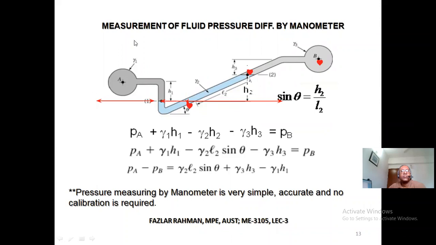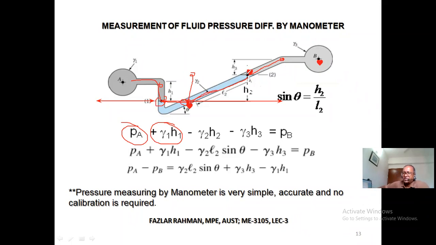We'll walk down from point A, then come over here. Coming over here means you're traveling a vertical height. You start at point A, the pressure is PA. Then, the vertical height H1 is going down, so plus H1 gamma 1. You come over here, so from here you need to walk to this point.